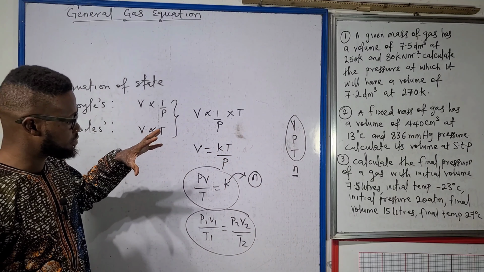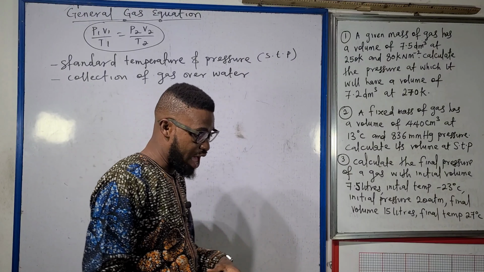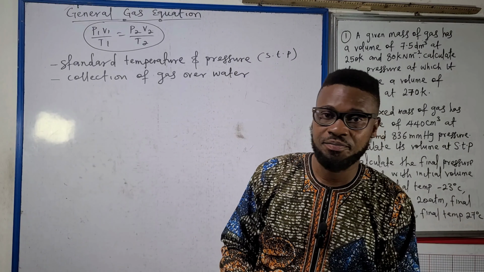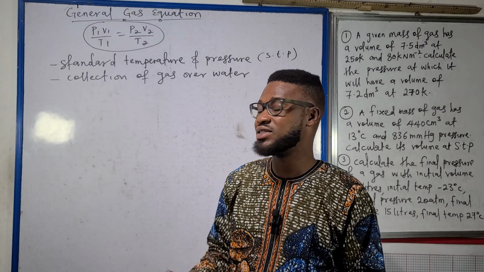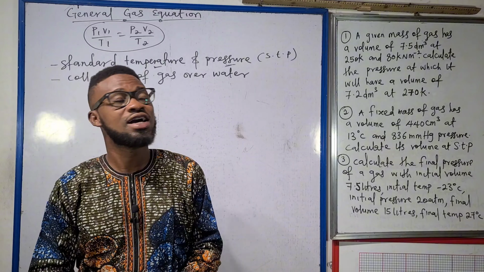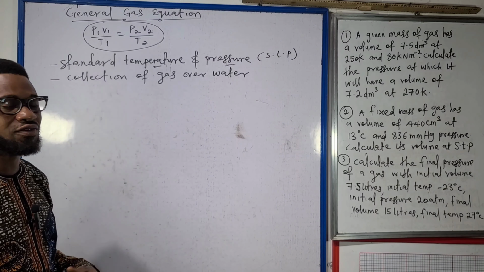When we talk about standard temperature and pressure, you're looking at a unified temperature and pressure at which scientists carry out experiments, so that we eliminate disparity owing to variations in temperature and pressure in various parts of the world. There are places with very high pressure. There are places with low pressure. There are places also with very high temperature, and there are places with very low temperature.